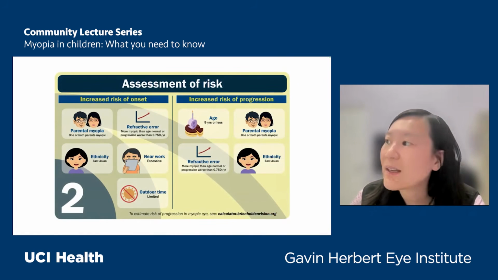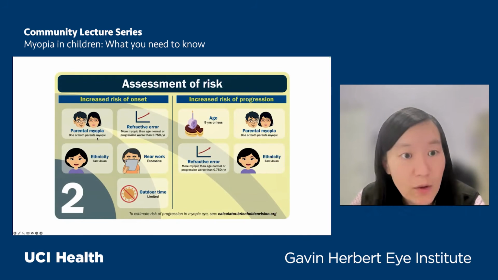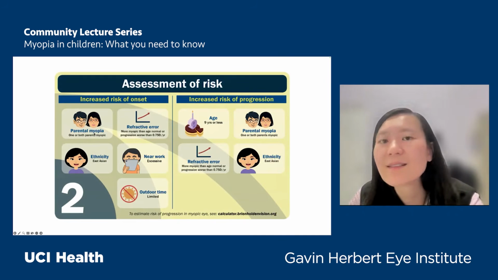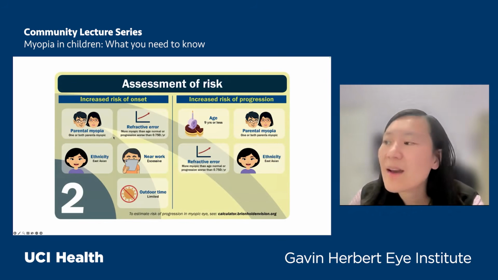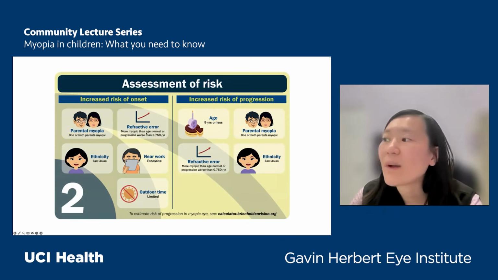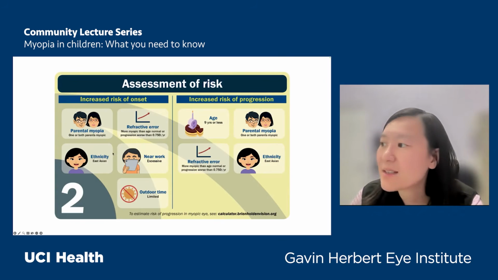And then how do we assess the risk of having high myopia? So we look at parental myopia. Often if you come and see me, I'll ask, do your parents wear glasses? Is it one or both? Or do both have high myopia or wear thick glasses? I look at what your initial refractive error is, meaning what your prescription is at your age.